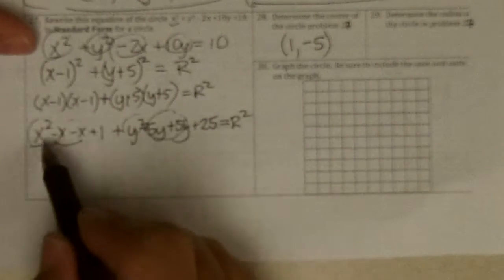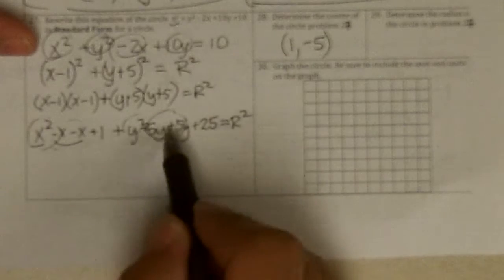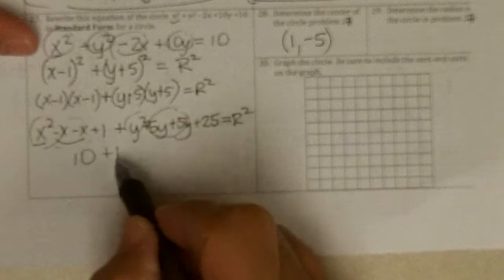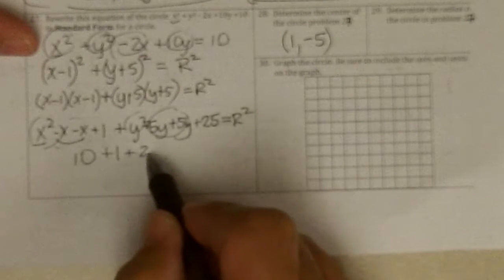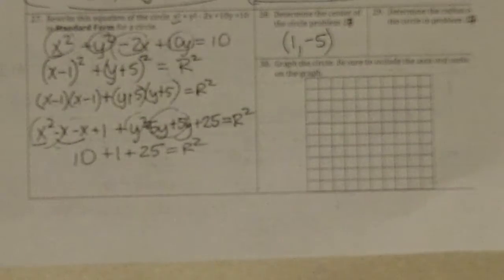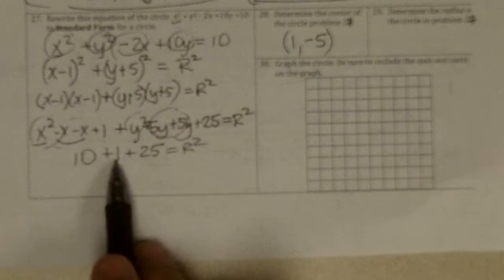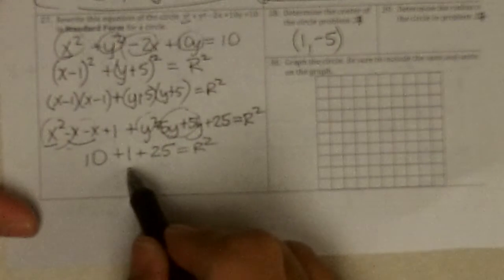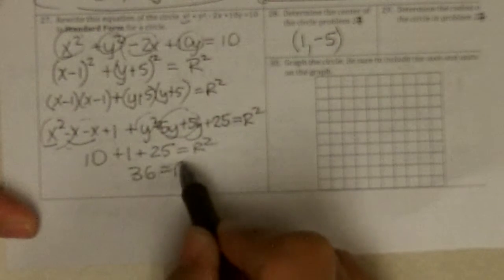So I can say these that I've circled down here are 10 plus the 1 plus the 25 is r squared. So 10 plus 1 is 11 plus 25 is 36 is r squared.